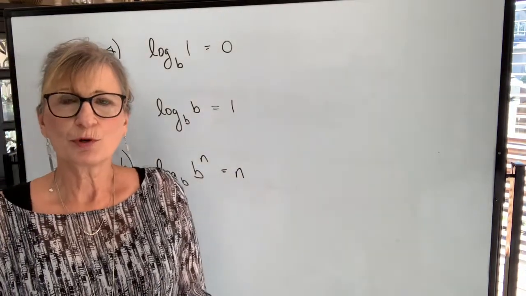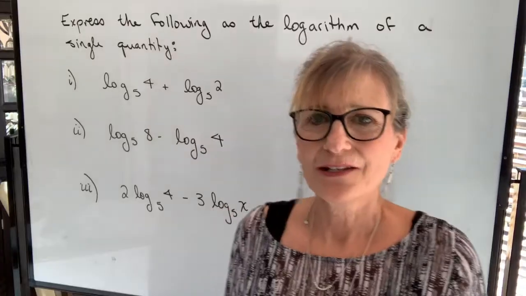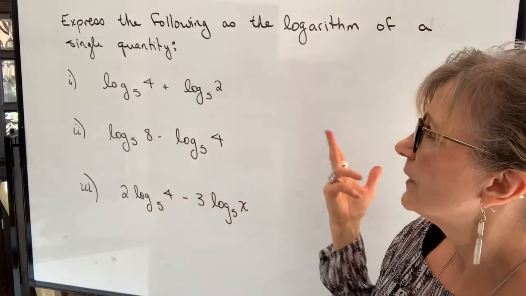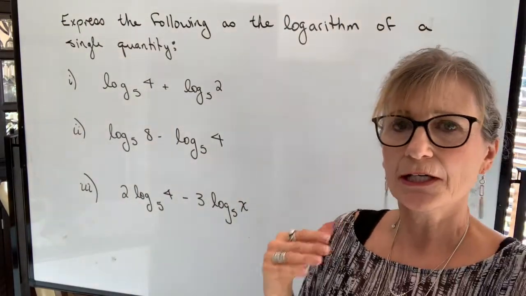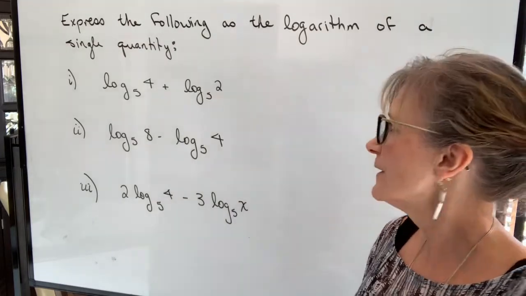So given these properties, there's a variety of exercises you'll be asked to do. The next type of question you might encounter is something like this, where they're asking you to express the following as the logarithm of a single quantity. So we'll kind of be going backwards with our properties of logs.